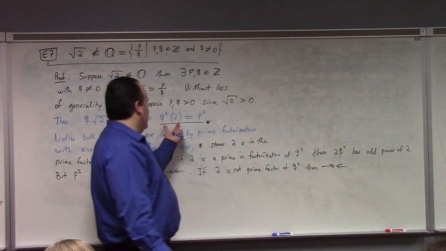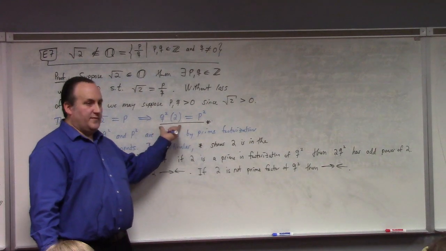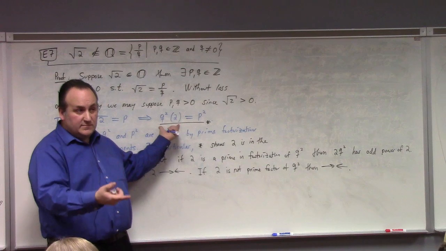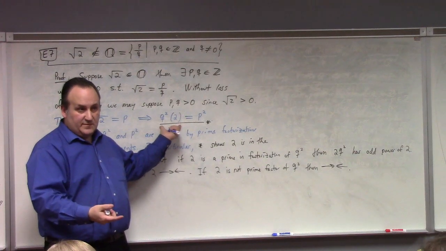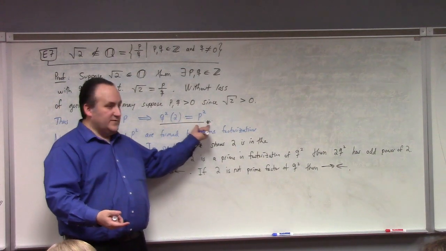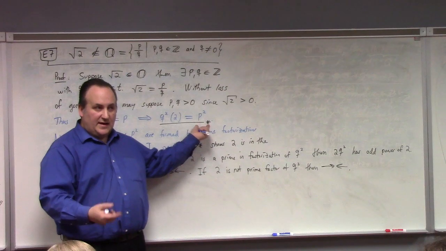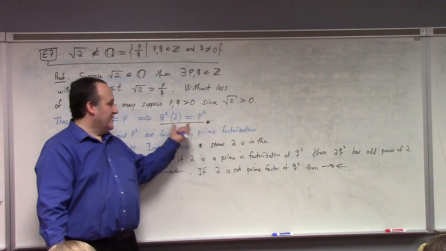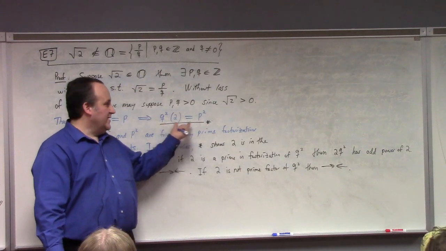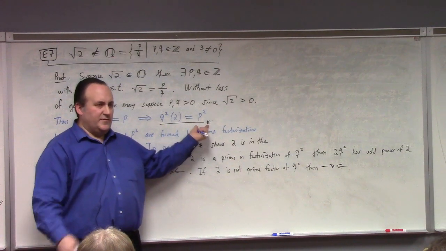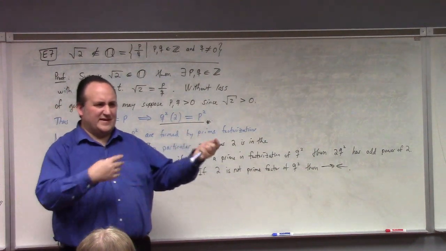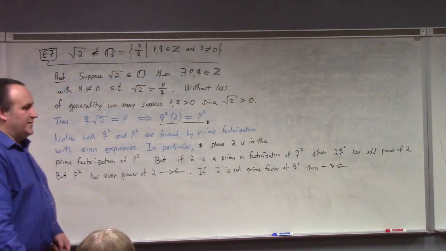Because then 2 is a prime factor on this side, with multiplicity, the exponent is 1 for this number, but 2 has an even exponent over here. So it's the same contradiction, basically. We have an odd number of powers of 2, and an even number of powers of 2. Now there's a way to write this more elegantly so you don't do it case-wise, you just do it all at once. If you write the sentence right, you can see it all together at once. But this is the proof.